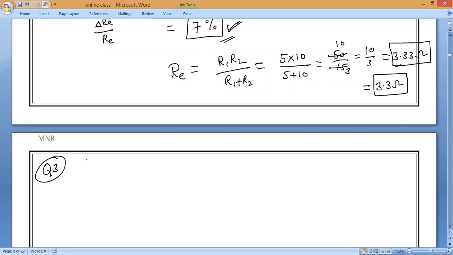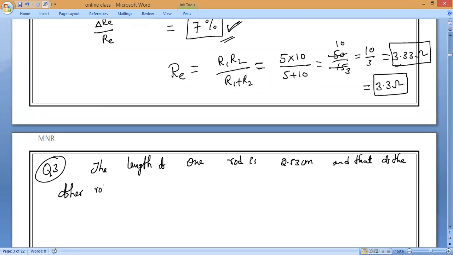Question number 3. The length of one rod is 2.53 centimeter, and that of the other rod is 1.27 centimeter.